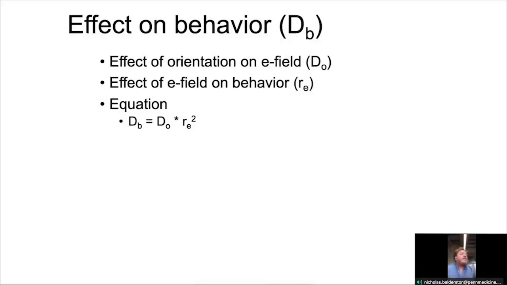You take the Cohen's d of the difference in suboptimal to optimal orientation, and multiply that by the R squared, which is the variability in behavior that you can account for by the variability in E-field magnitude at the site of stimulation. That gives you the adjusted effect size of the E-field strength at the site of stimulation on behavior.